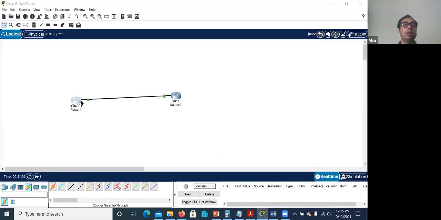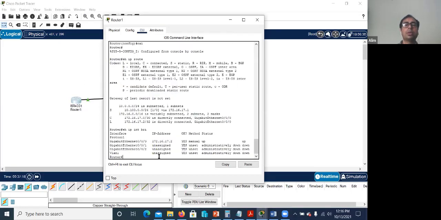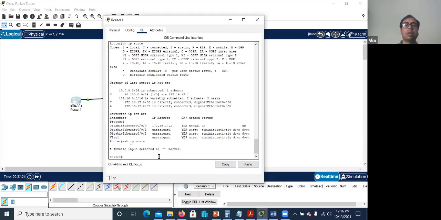Now here we will remove. Look, show IP interface brief. So show IP route. Sorry.